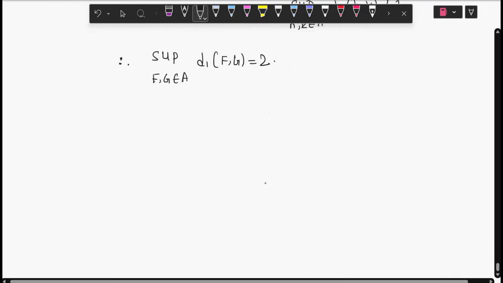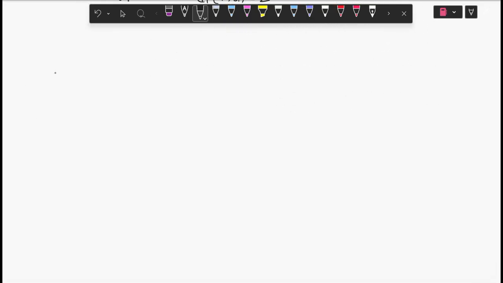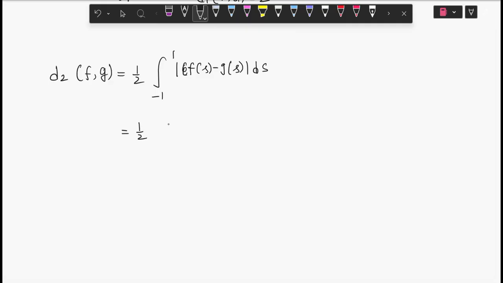for this again, for this h and k, let us calculate d2 of that particular f and g. This is equal to 1 by 2 integration -1 1 mod of fs minus gs ds, right? So this is equal to 1 by 2 integration -1 1.